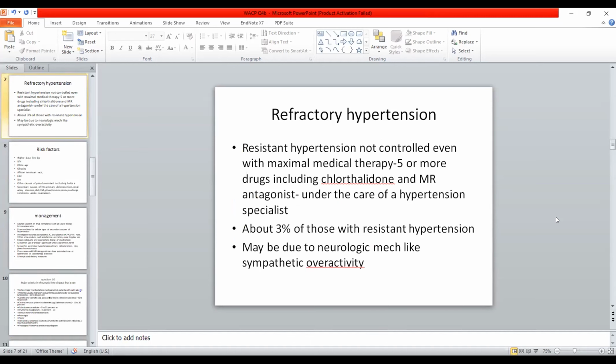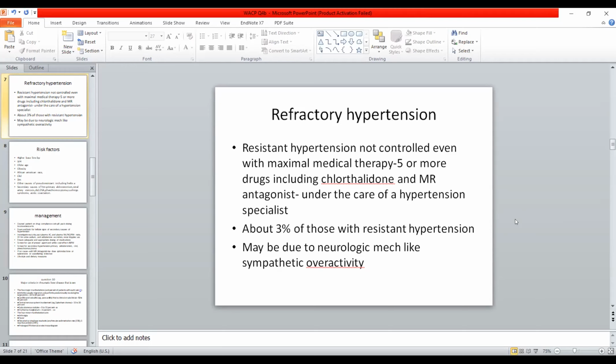The last point may be due to a neurological mechanism like sympathetic overactivity. So you talked about the concept of renal, what's that? Denervation. Yeah. These were our questions during the exam. Professor Dan Bauchi was looking to hear that intervention: renal denervation.